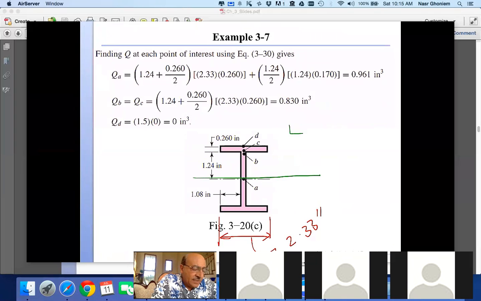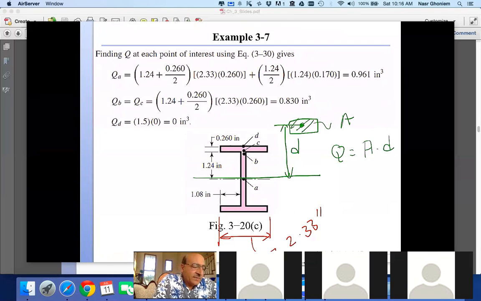So let's say I have a little area here, then all I have to do is find the center of this area, find the area, and then find the distance of this center from here, and then Q for that area will be equal to the area that I have times the distance d. So very simple. And if I have many areas, I can just apply that successively. So the key is to find this distance d.